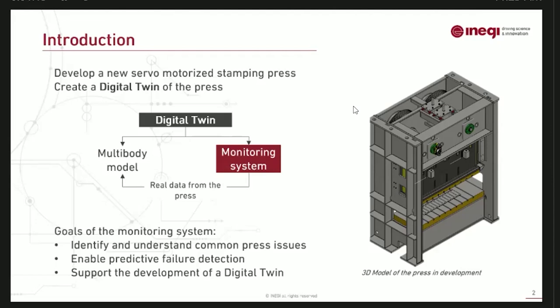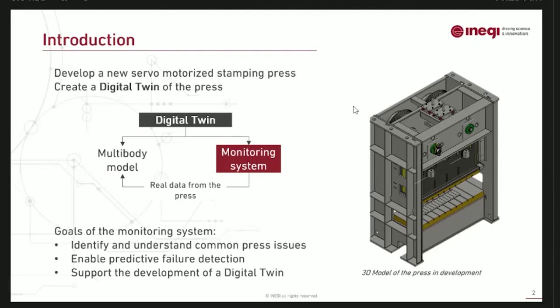But the focus of this work is the monitoring system, and the goal of this system is to detect and identify potential failures of the press so that we can take measures to avoid these failures.